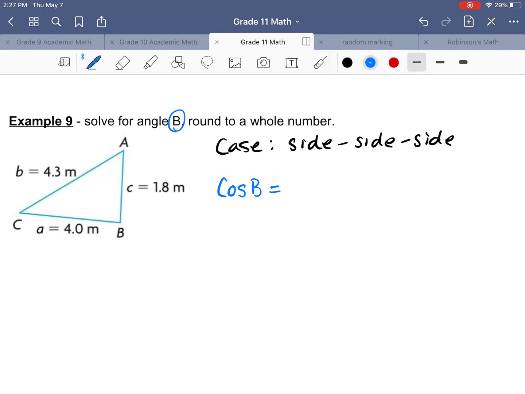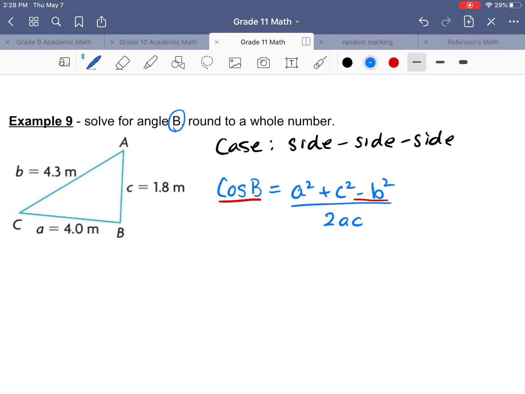So we have cos of angle B is going to be equal to a squared plus c squared minus b squared all over 2 times a times c. So notice here we have cos of angle B, and then we are subtracting side b squared. So those two need to match up.